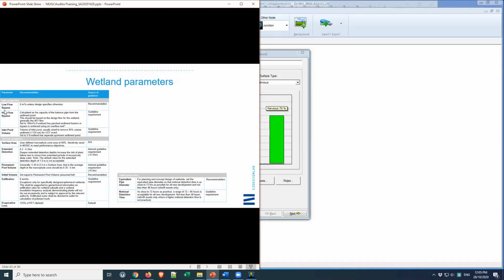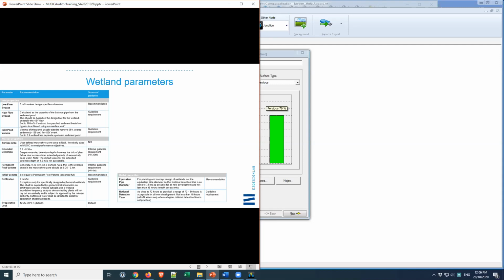In the guidelines, what we've got is we've identified each of the parameters that are used in MUSIC. We've given a little bit of information on those, and then we've given an indication of where we've drawn guidance from. So whether that's a hard guideline requirement, as in the case of the 72 hours, whether it's just a recommendation or something you might need to check, or, as I've mentioned for the depth ranges, what we've done is set what we've called an internal guideline requirement.